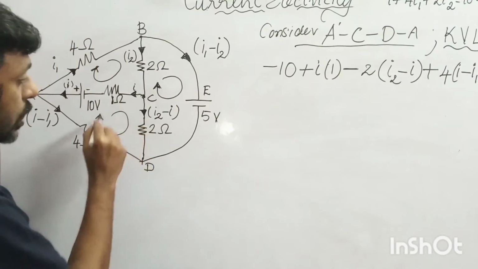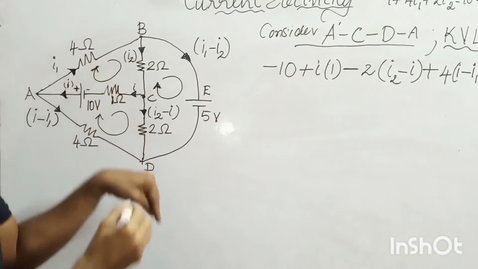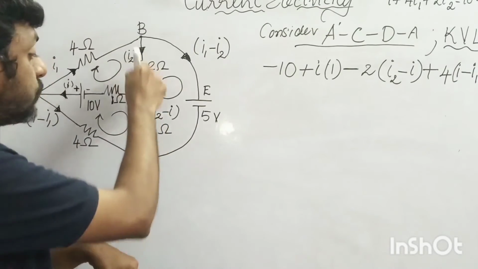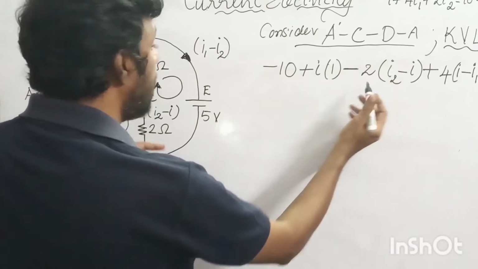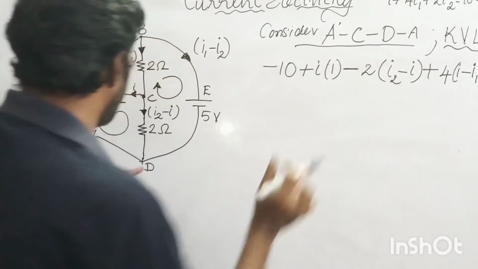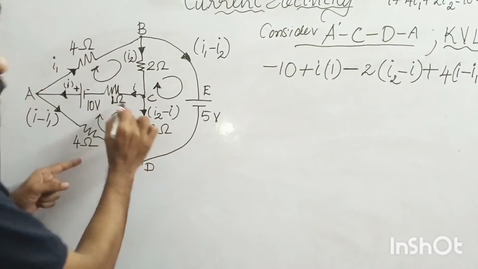Again, I encounter another current traveling along with me in this branch, so I introduce a negative sign and multiply the current by the resistance. Then again I'm moving in the clockwise direction.